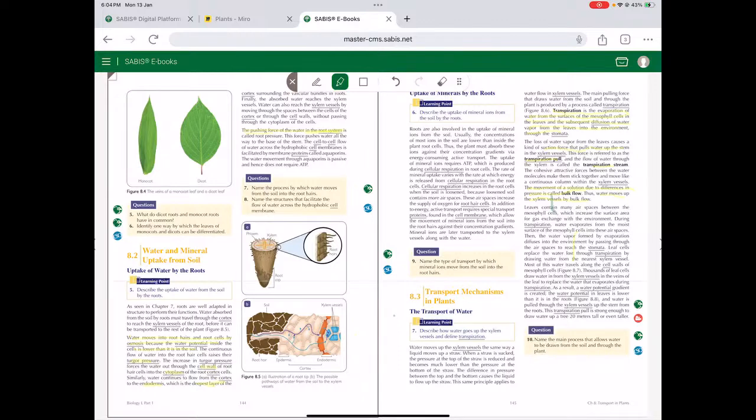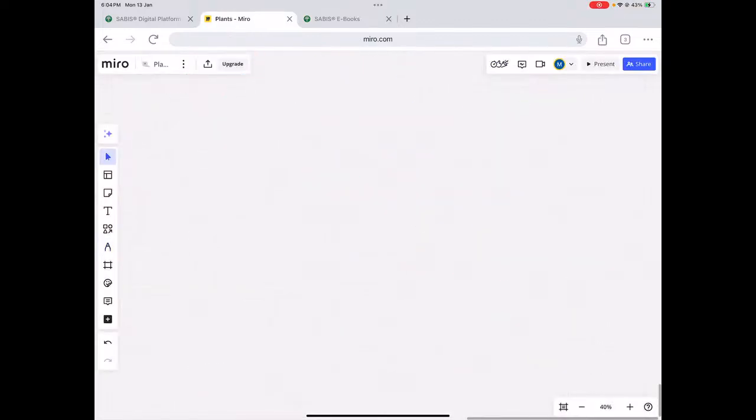Okay, I will repeat it very quickly. Let me show it here. We know that water or anything moves from high pressure to low pressure. Okay? This is step number 1.